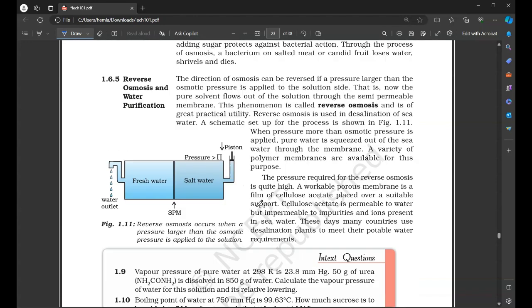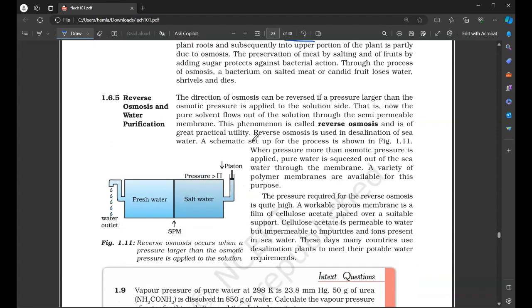Now this is something which we all know: RO. The direction of osmosis can be reversed if pressure larger than the osmotic pressure is applied to the solution side. That is, now the pure solvent flows out of the solution through the semi-permeable membrane.